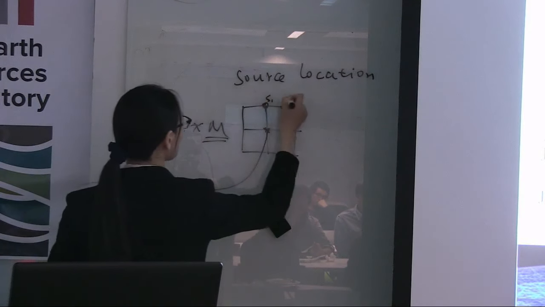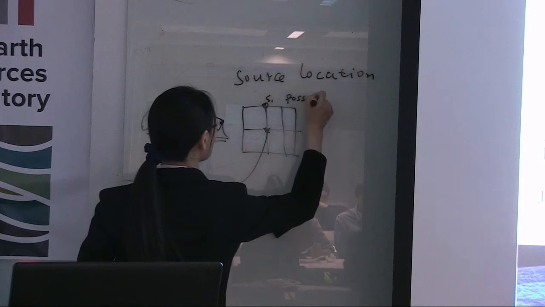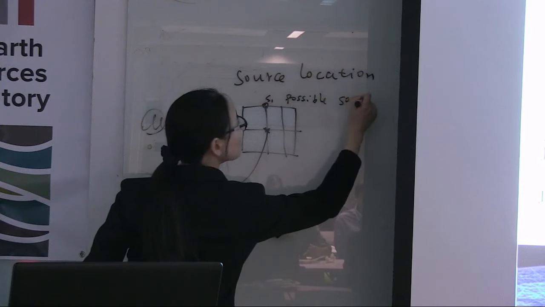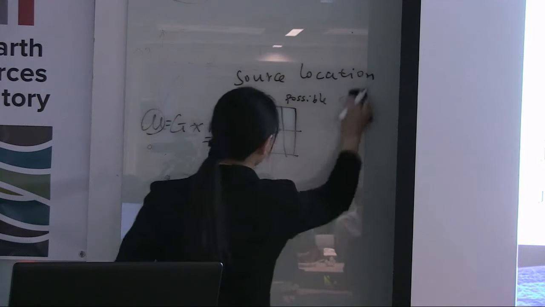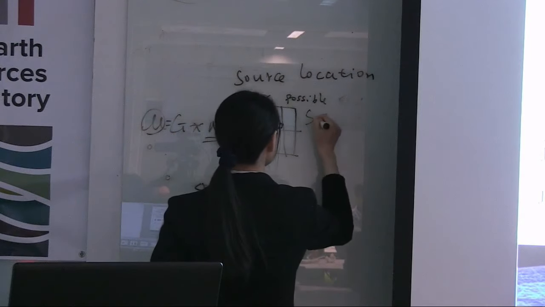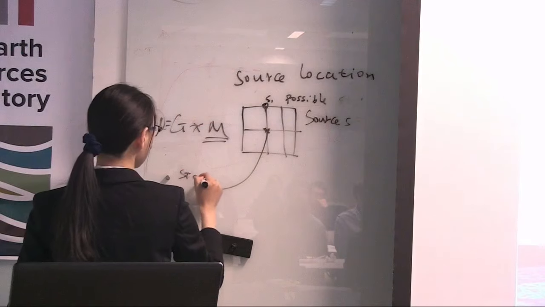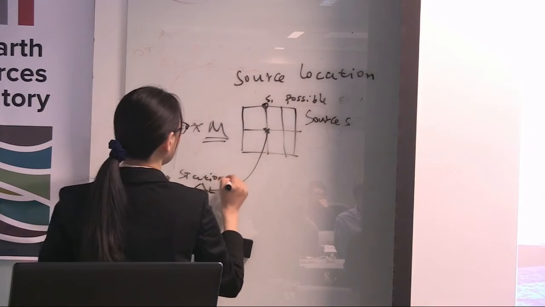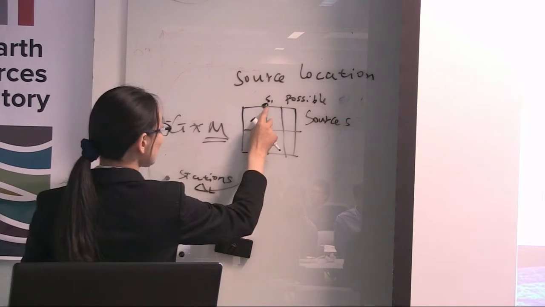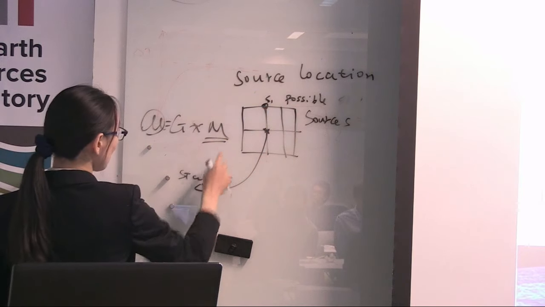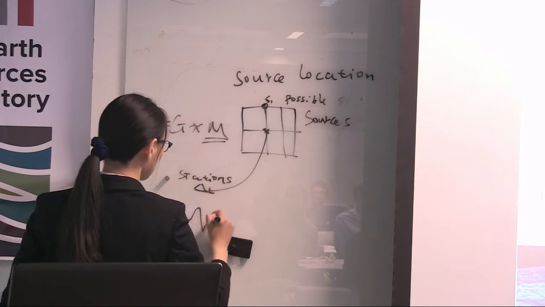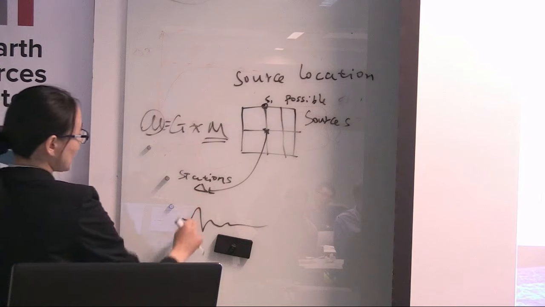This is all the possible source regions, and this is the stations. So for one possible source, you only need to do one simulation to get the seismograms at the stations.